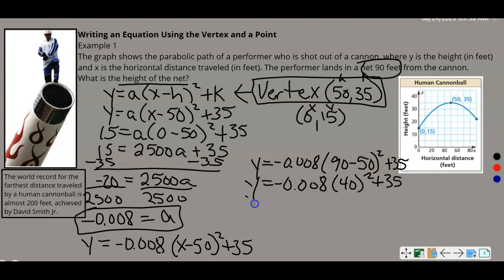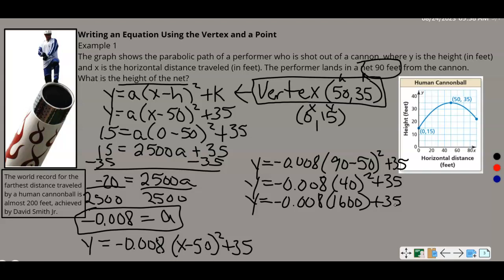Now we have to square the 40. Order of operations says we do parentheses first, so 40 times 40 is 1600. Now we multiply and add 35.